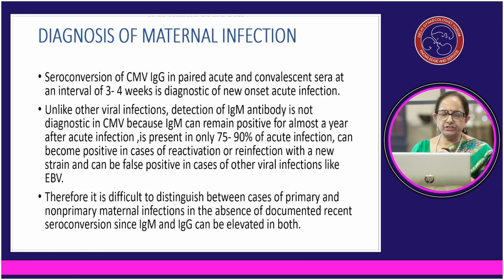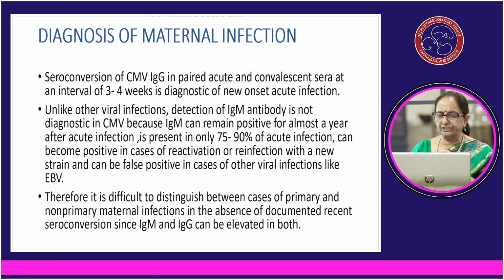Diagnosis of maternal infection. Seroconversion of CMV IgG in paired acute and convalescent sera at an interval of 3 to 4 weeks is diagnostic of new onset acute infection. Unlike other viral infections, detection of IgM antibody is not diagnostic in CMV because IgM can remain positive for almost a year after acute infection, and in some cases it is present only in 75 to 90% of acute infections.